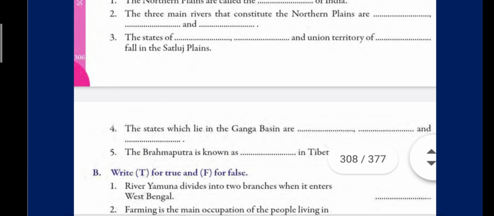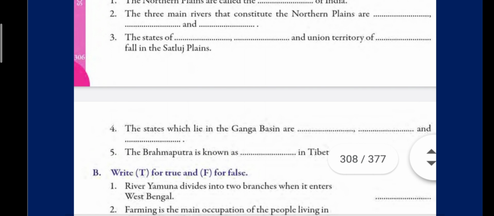Now number 4, the states which lie in the Ganga basin are dash, dash and dash. Again there are three blanks. In total there are 4 states, so any 3 states you can write. The answer is Uttar Pradesh, Bihar, Delhi and West Bengal.